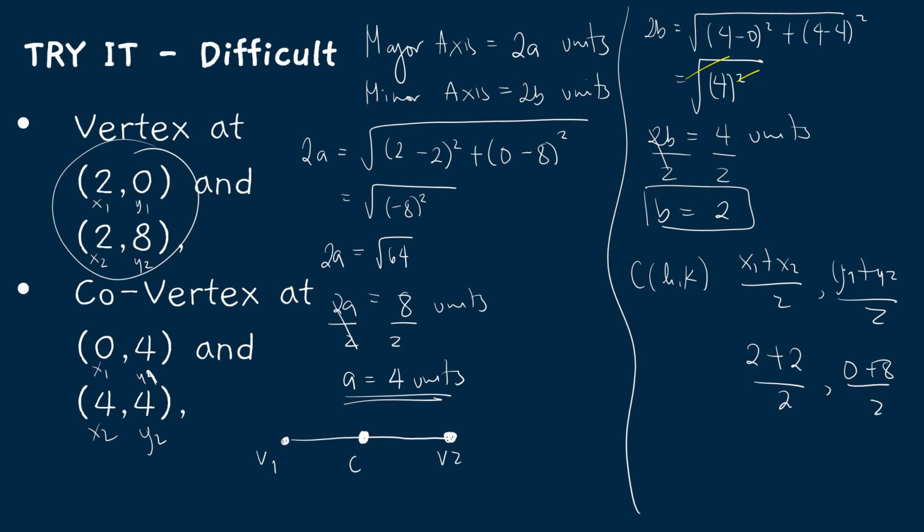Simplifying, 4 over 2 and 8 over 2, so your center (h, k) is at the coordinates (2, 4). On the next slide, I will show you the graph, and we will use a equal to 4, b equal to 2, and the center at (2, 4) for the standard equation.